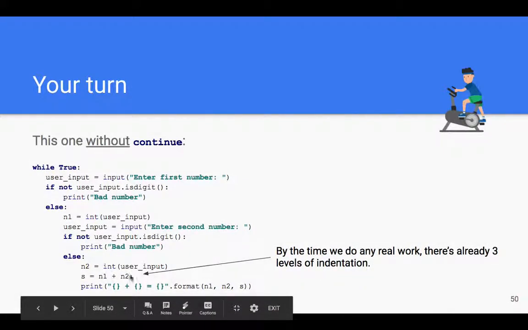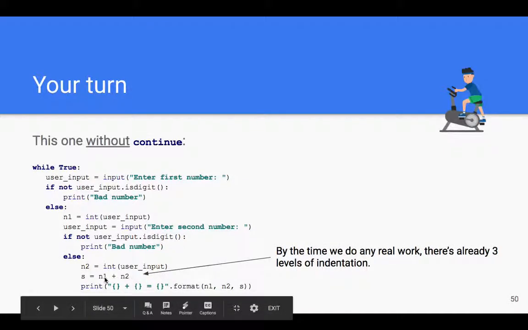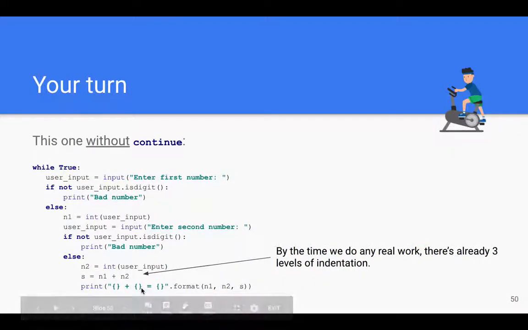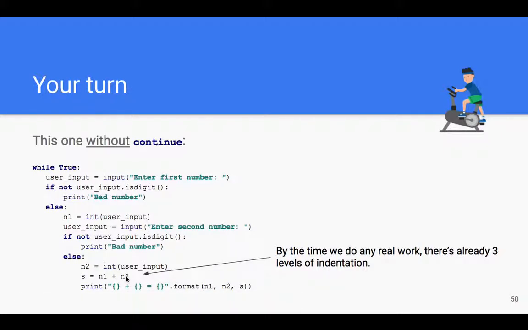Otherwise, now we really get to the real work, which is adding number 1 and number 2 together and printing it out. As you can see here, by the time we get to do the real fun work, the normal path of execution, we are at 3 levels of indentation without using continue.